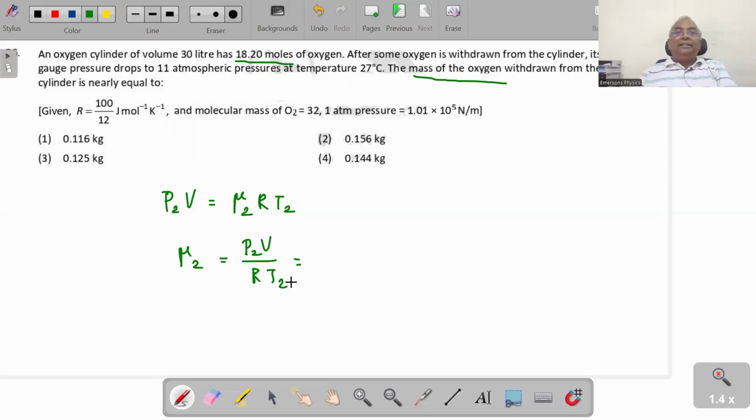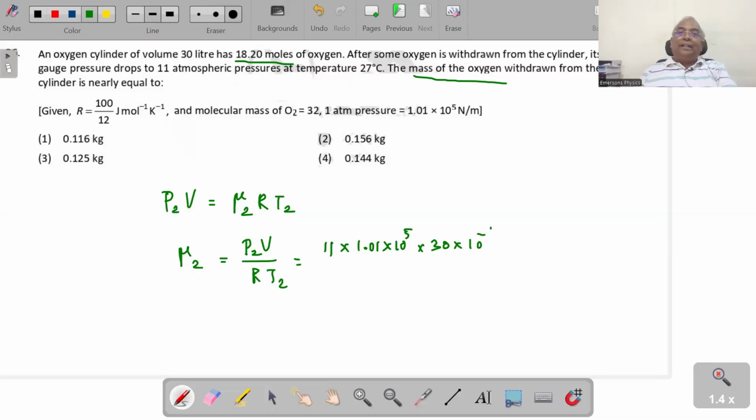P2 is nothing but 11 atmospheric pressure, 1.01 into 10 to the power of 5. Its volume is 30 liters, 30 into 1 liter is equal to 10 to the power of minus 3 meter cube.